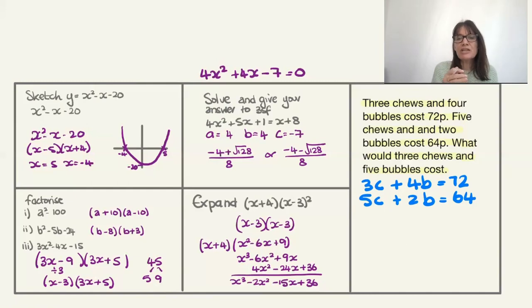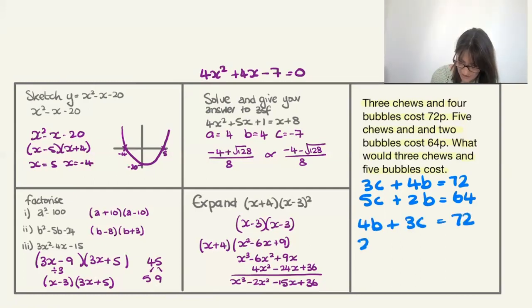Just because 3 chews was mentioned first in the sentence, it doesn't mean that the chews absolutely have to be at the beginning. There's nothing to say that I couldn't have written the bubbles first. And of course, if I write the bubbles first, so 4 bubbles plus 3 chews equals 72, and 2 bubbles plus 5 chews equals 64, that's still true.